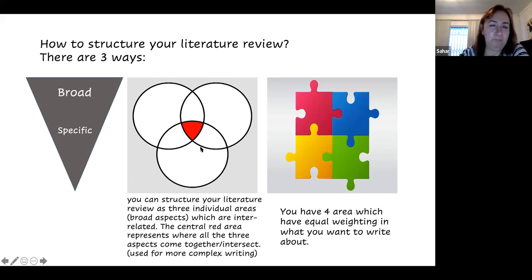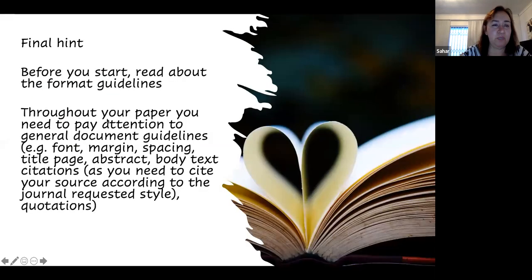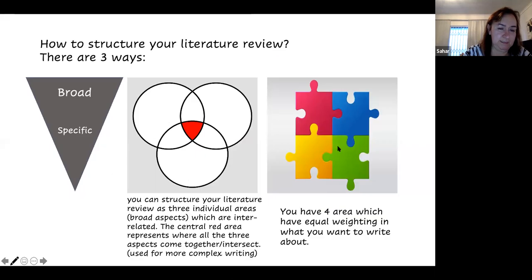I don't think the example is very good, but you use one common topic and then you talk about 3 topics that are related to each other. So like a common methodology for detection of a particular disease. And you can use something that is this way. It's like a jigsaw.